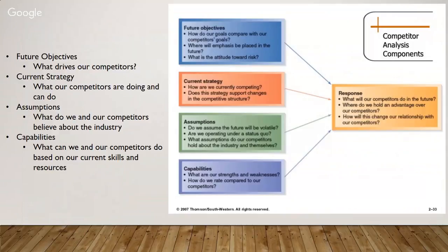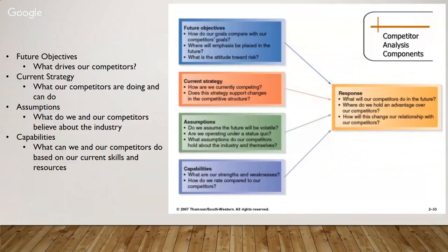Further, we look at the assumptions of the market, what we do and what our competitors believe we do and what we believe they do in the industry that we are analyzing. And then finally, we look at the capabilities of each of our competitors. What can we do and what can our competitors do based on the current skills and resources that are available to each of the companies?